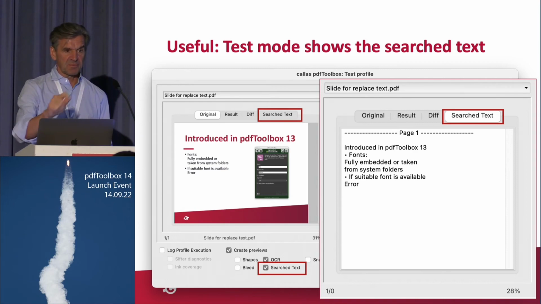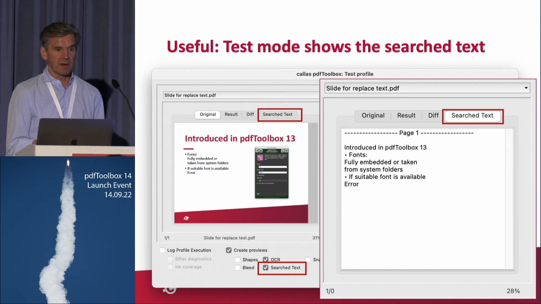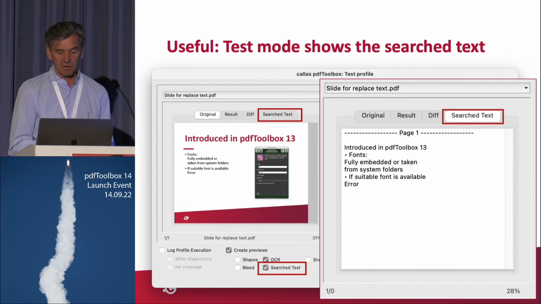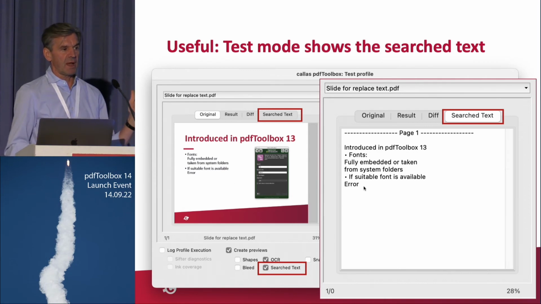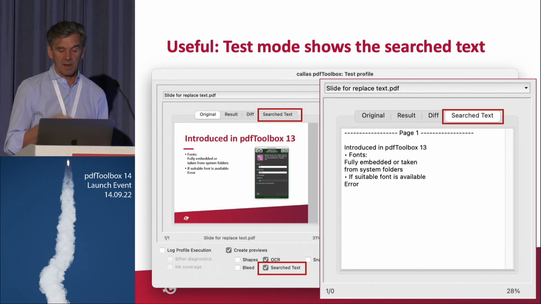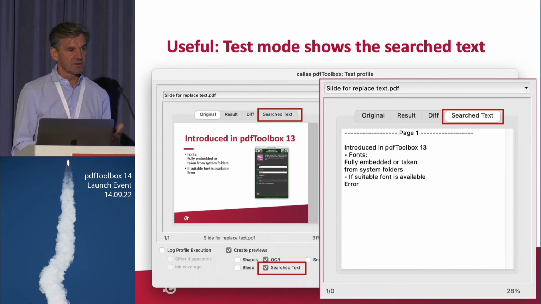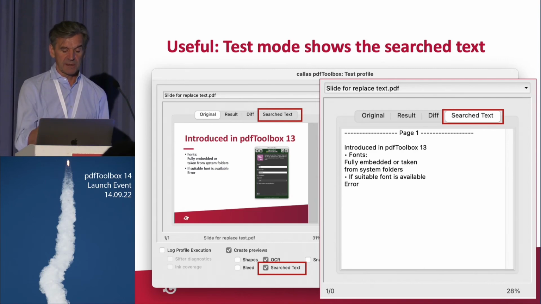So text is quite often positioned absolutely, and that means sometimes even a white space is not properly recognized. The engine works quite well here, but there could be issues. So if you want to find out what text is really extracted, of course pdfToolbox needs first to extract text in order to find whether your search pattern shows up, and then pdfToolbox makes this intermediate result, the extracted text, available to you in test mode.